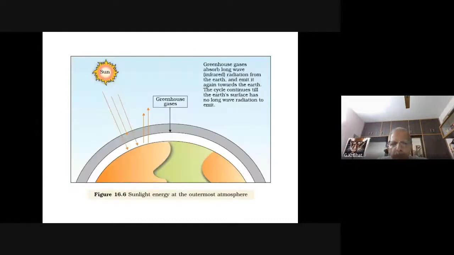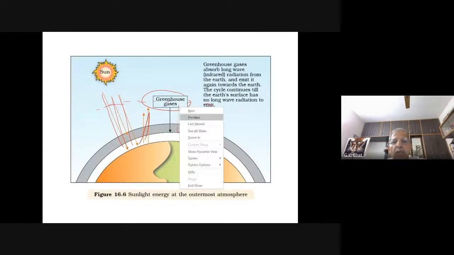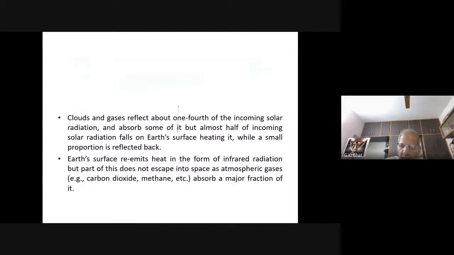Look here. You see here, from the sun, rays come and touch the Earth's surface. What happens? They tend to go back. But the greenhouse gases, whatever gases are present there, make it a point to strike back at the Earth.